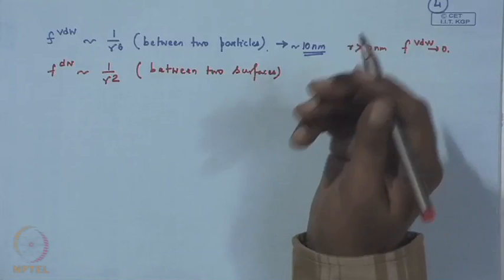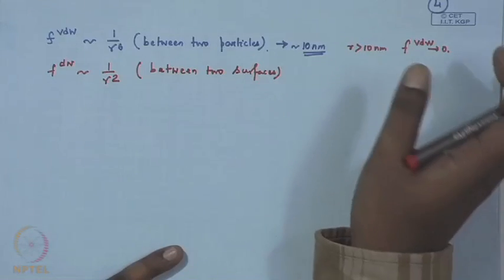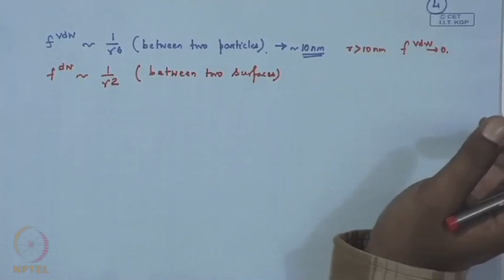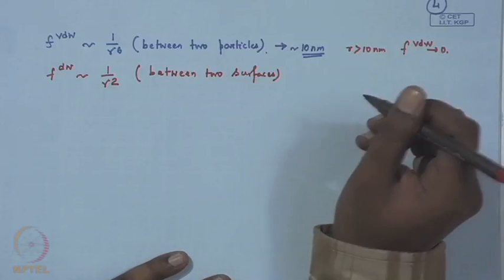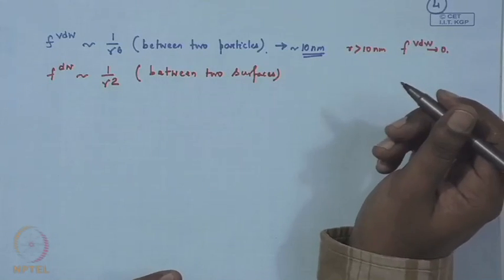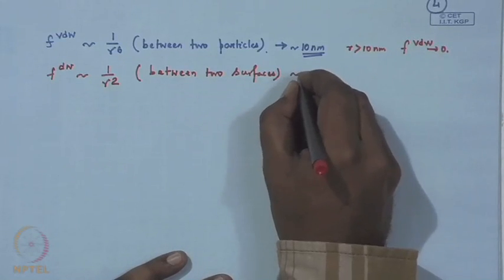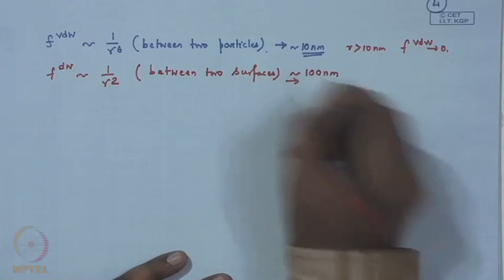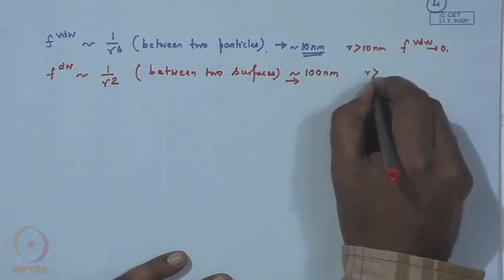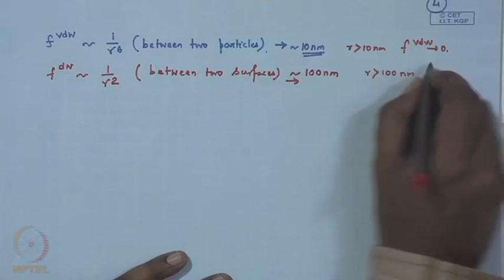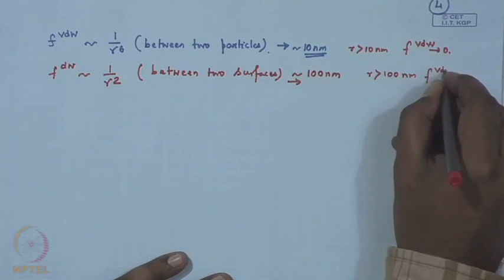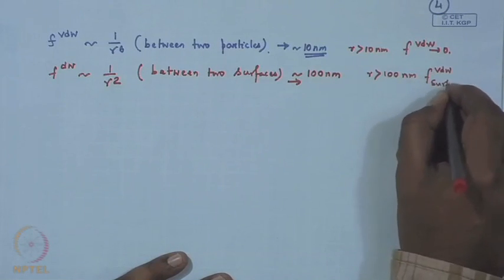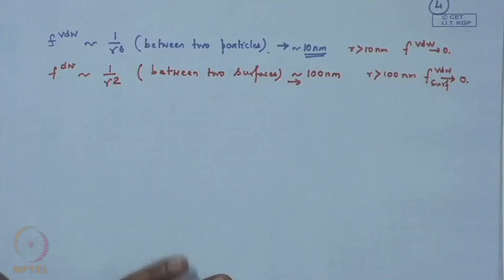So, the nature of the decay of the force becomes much weaker now. It tapers off at a much slower pace, and consequently the interaction stretches up to 100 nanometer. Beyond r greater than 100 nanometer, V W surface, I would say, again tends to 0.